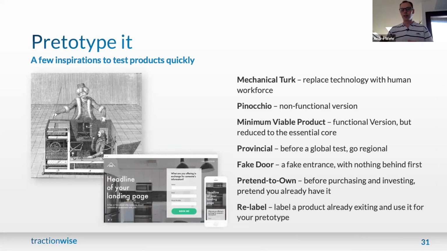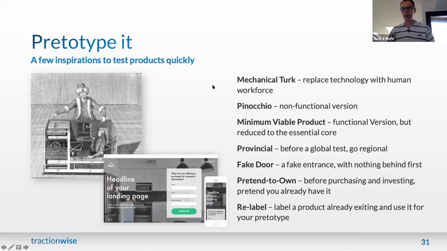Very often we only know or remember one, and that's pretty much the minimum viable product. But with pretotyping, you very often have different ways to test something together with customers, or to let the customer think there is something already there without it being there in reality.